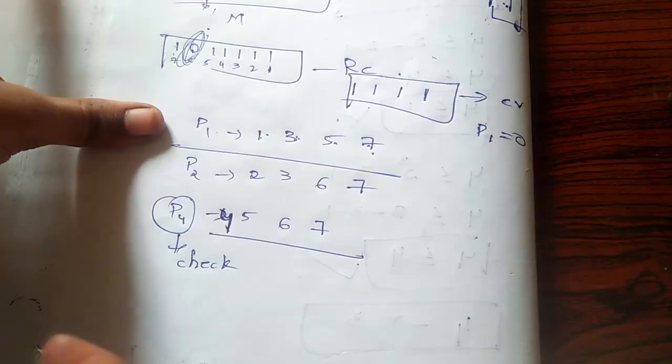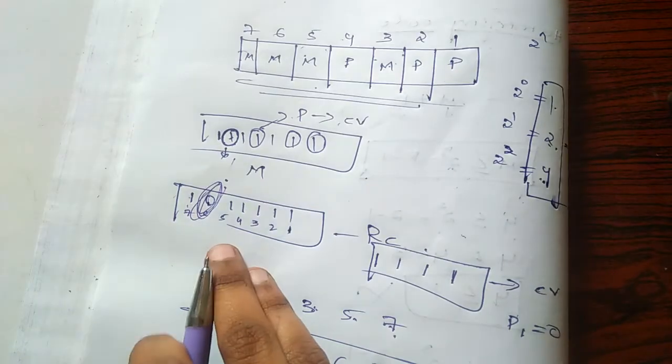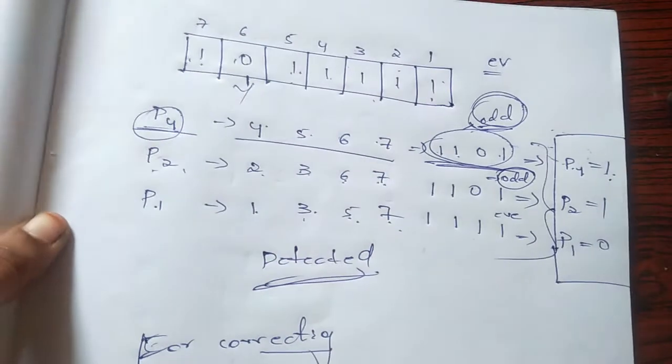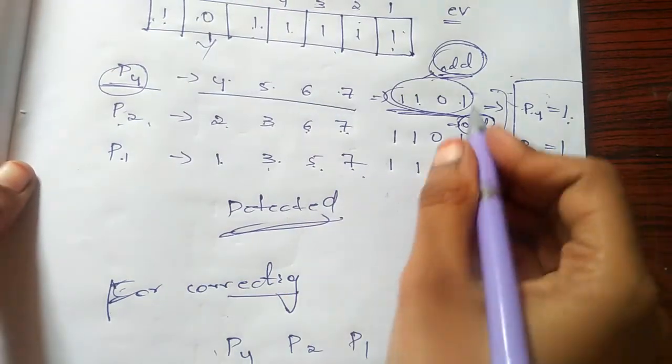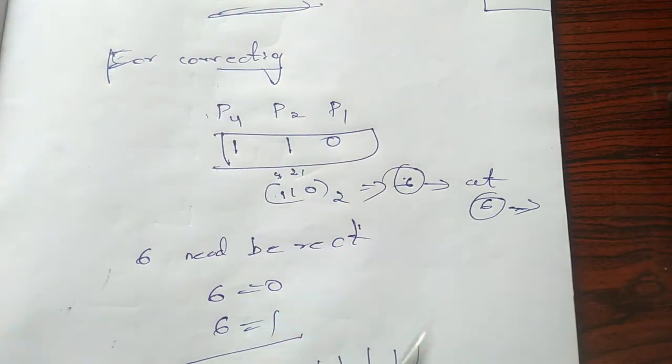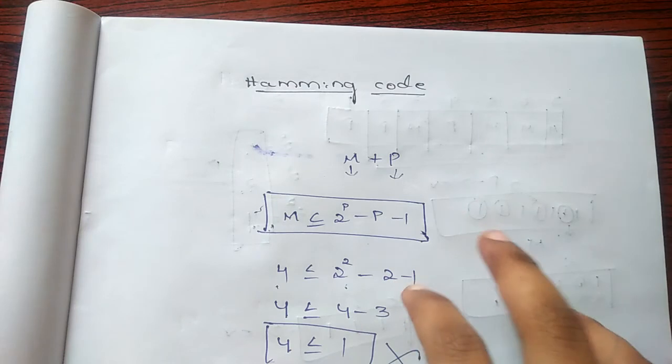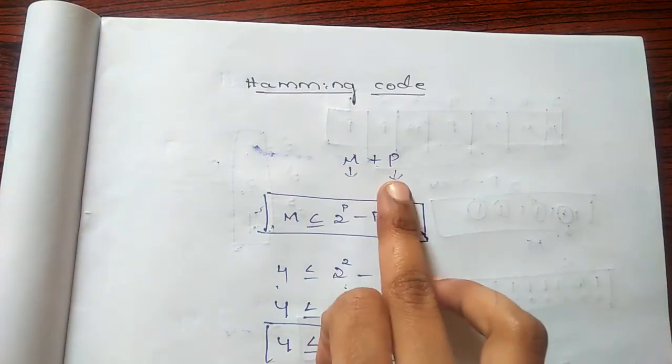But how to check practically? We know that by saying we told easily, but for that the device internally does this process, and in this way it is detected, and after considering this bit position it will correct it. So I think you understood the Hamming code. Hamming code is nothing but an error detecting and correcting code. So for that we need to consider message bits and the parity bits.